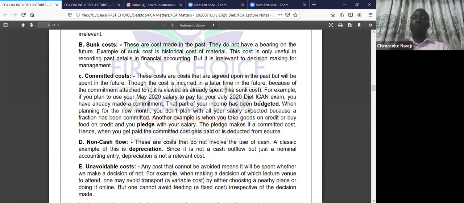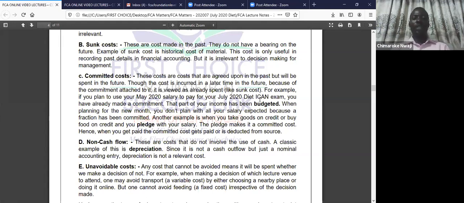But because you've made a commitment, your salary to you is no longer 100,000. You are now looking at 50,000. Whatever you are planning, you plan with 50,000 because the other 50,000 has already been committed for the ICAN exam. These are what you base your decisions on, not on the whole 100,000. So you see that committed costs are looked at as if they were paid in the past. And so it is not relevant to your decision.